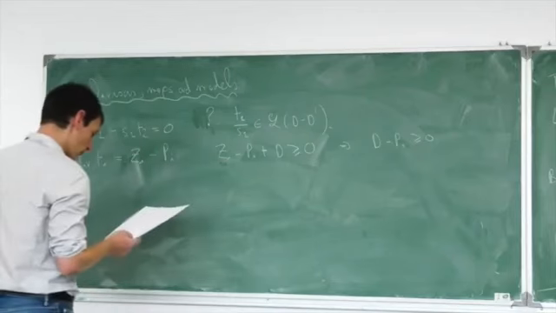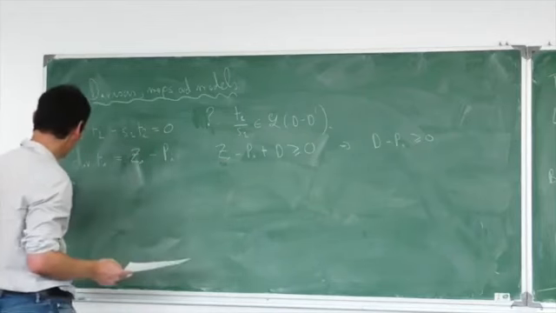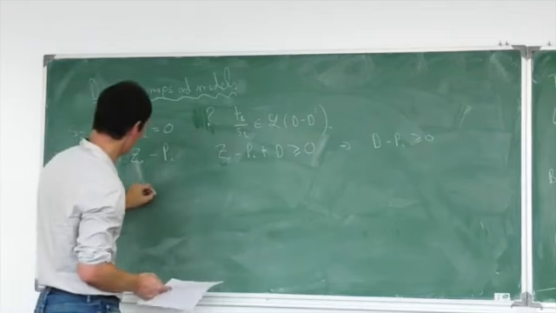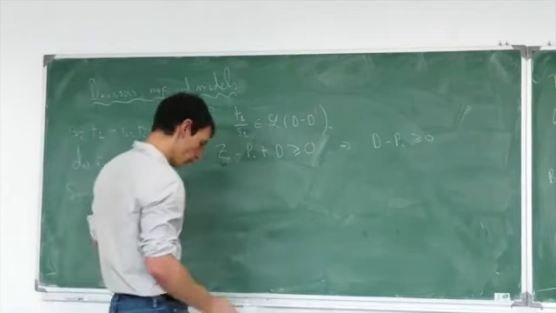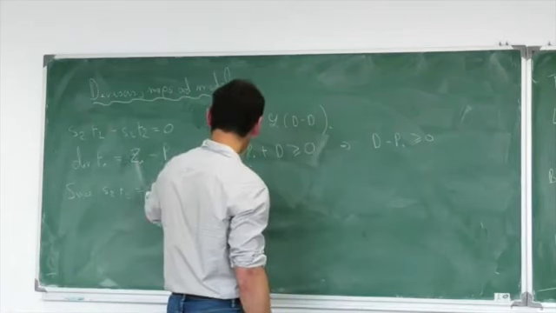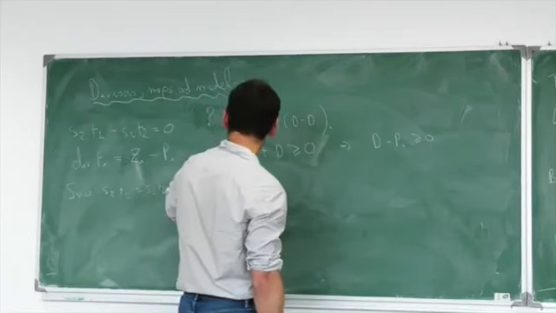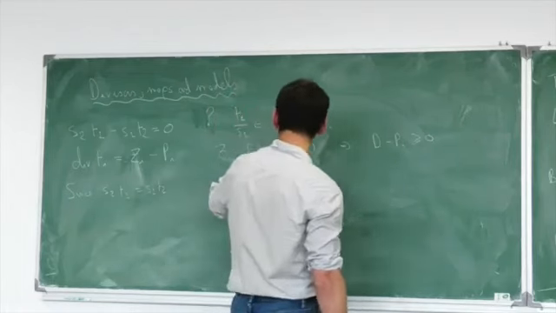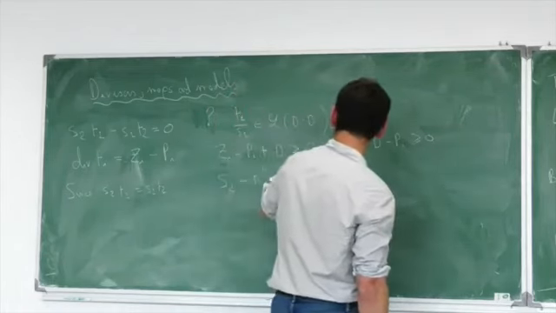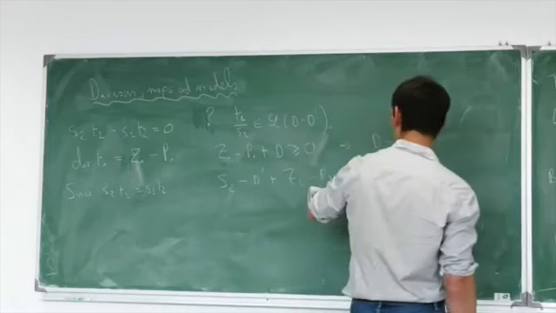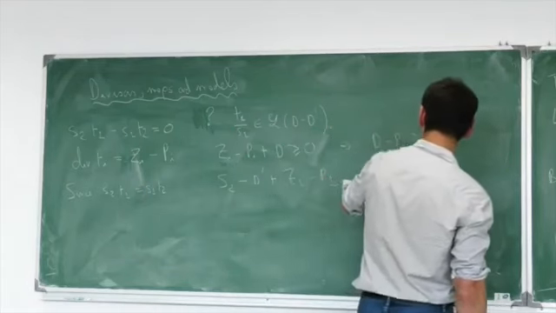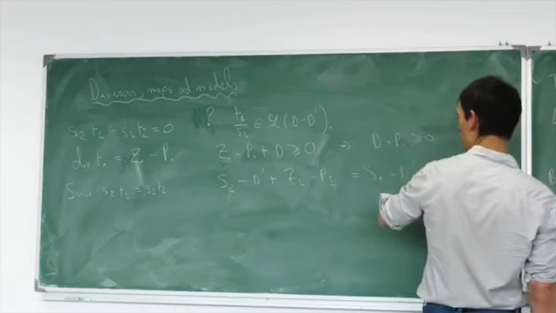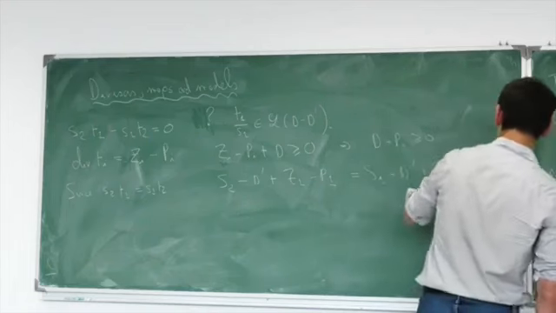And what's more, since S2 T1 equals S1 T2, it means if I write in terms of divisors that S2 minus D prime plus Z1 minus P1 is equal to S1 minus D prime plus Z2 minus P2.